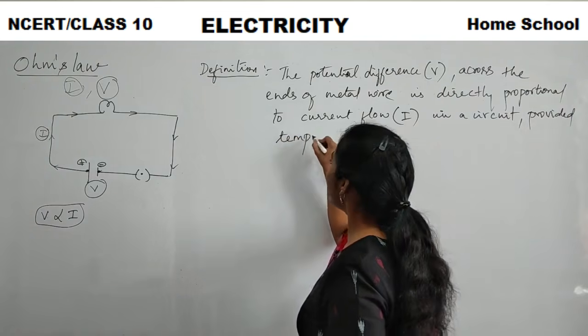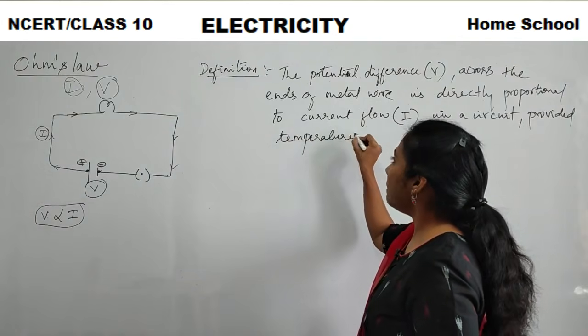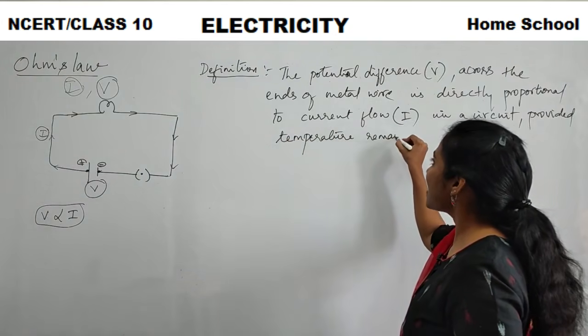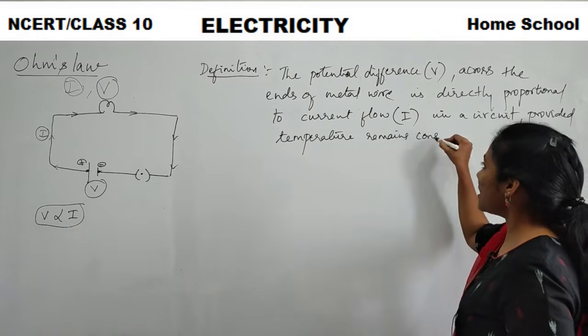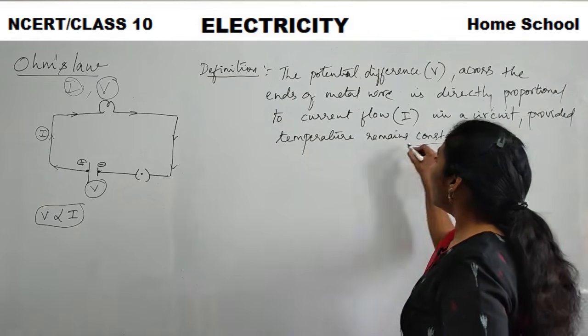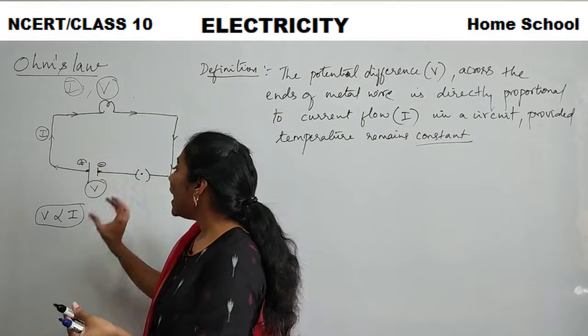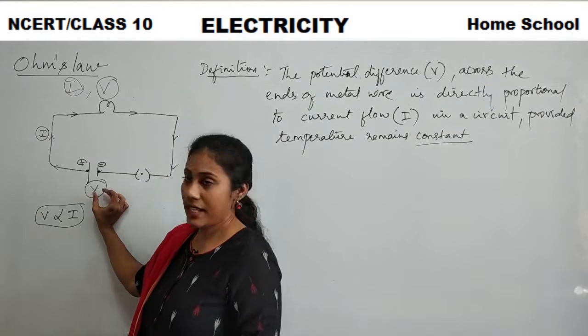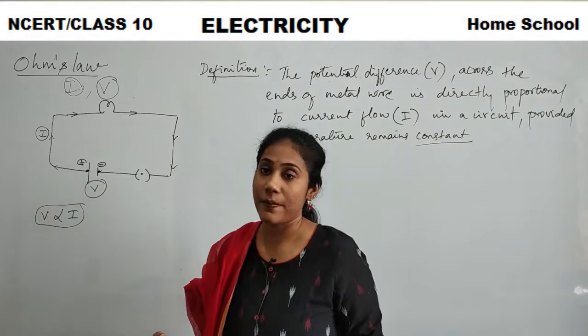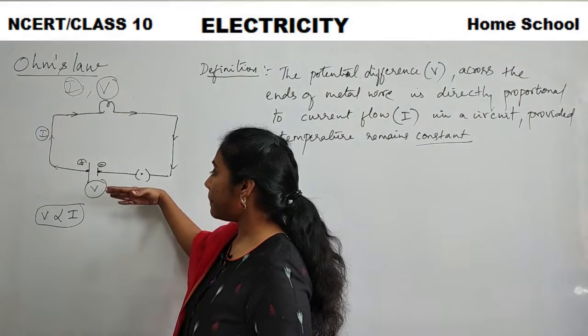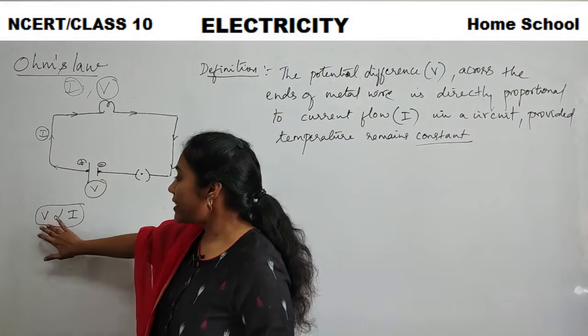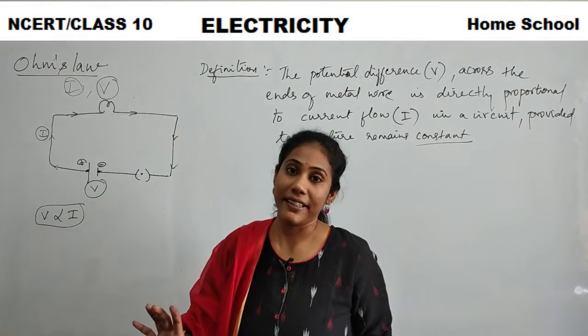This is very important. As long as the temperature of a setup is constant, only then you can observe that as potential difference increases, our current I increases. If you keep on changing the temperature, this relationship will not be valid.